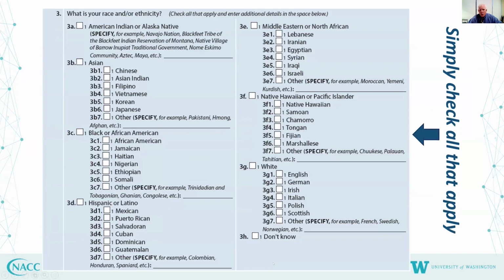The race and ethnicity form has expanded, and this is to keep in line with other NIH initiatives. So not just checking a box for Black or African American, but actually potentially specifying which race one comes from.